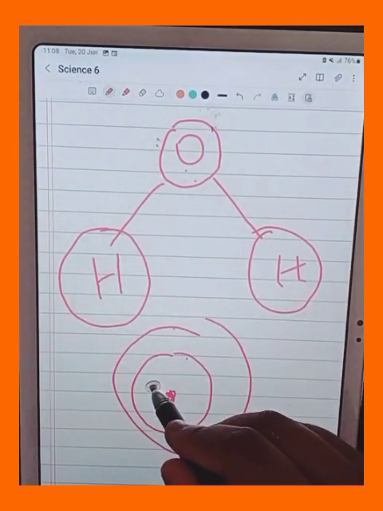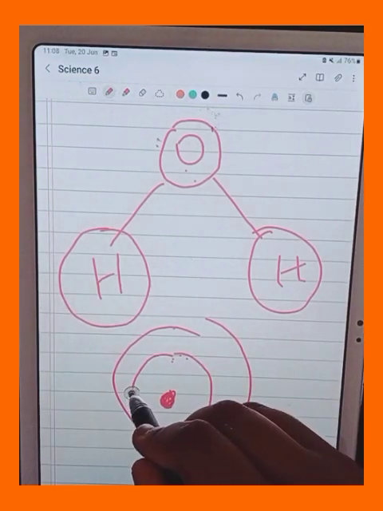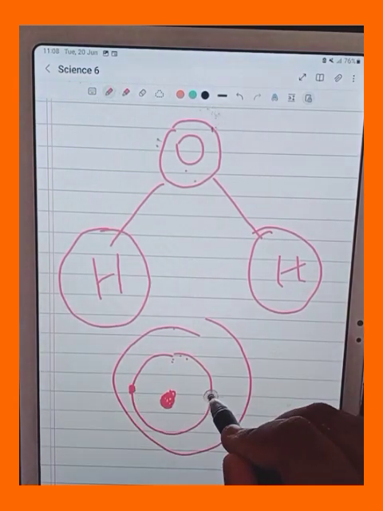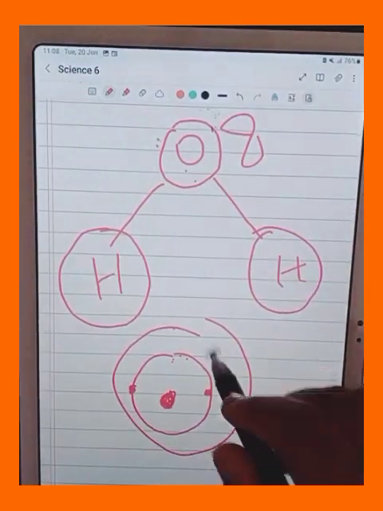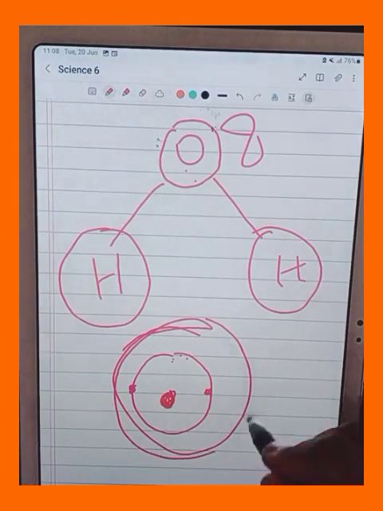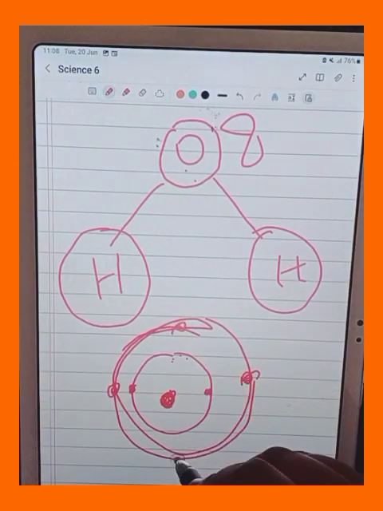In the first stage of electron roaming, there are only two electrons. So it has 8, so 6 is left. And in the second, 8 roams.